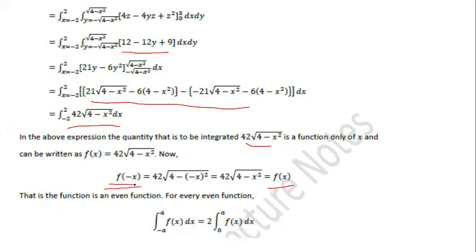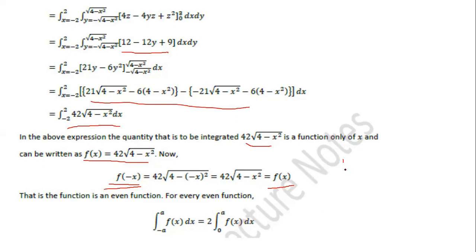So you take f of minus x, this is your f of x expression here. F of minus x will be 4 times square root of 4 minus minus x whole squared. Minus squared is plus, so minus x squared. This is the same as your f of x. That means even if you go to the negative side of the limit, it will be the same as the positive side. F of minus x equals f of x.